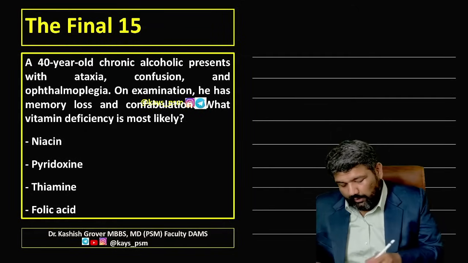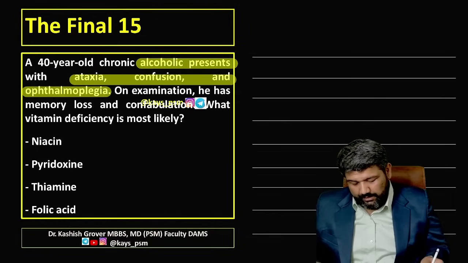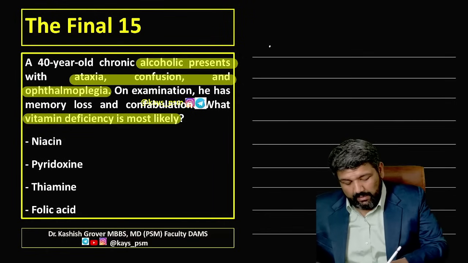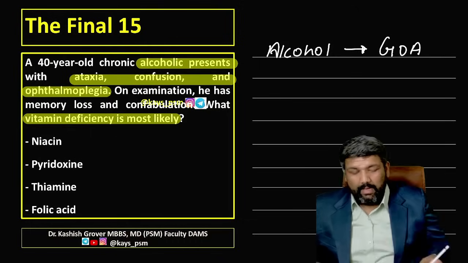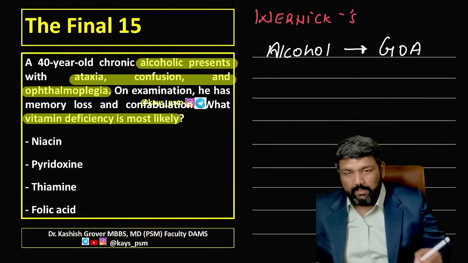Old, alcoholic person, ataxia, confusion, ophthalmoplegia. Which vitamin deficiency? Guys, alcohol is seen mainly in Goa. So alcoholics get a disease which is known as Wernicke's encephalopathy.